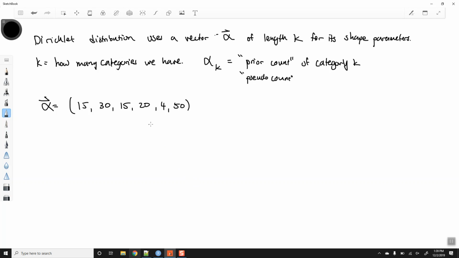This basically means that category 5 didn't show up very often, but category 6 shows up very often. And so the resulting vector that gets produced by this will reflect this as well.